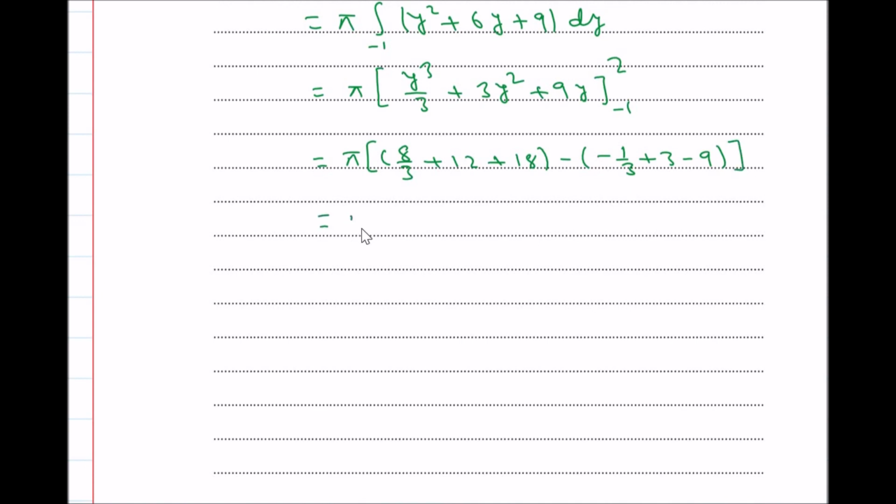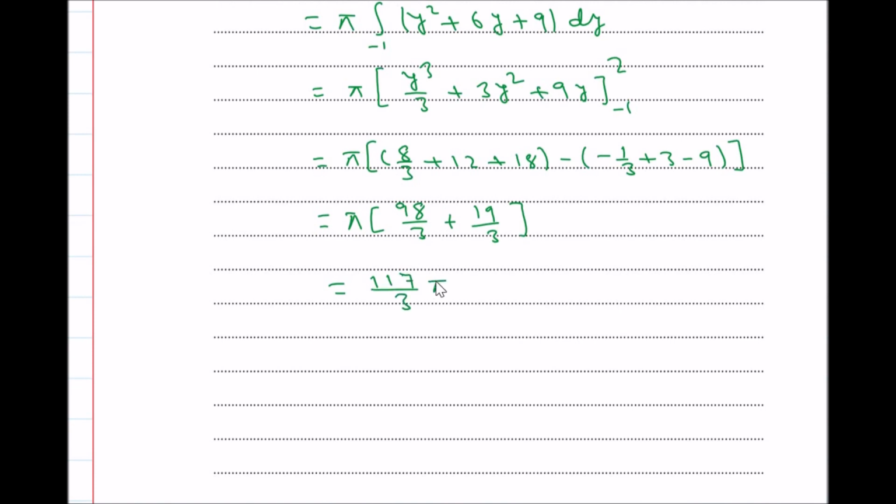So we get pi times 98 by 3 plus 19 by 3. This is equal to 117 by 3 pi.